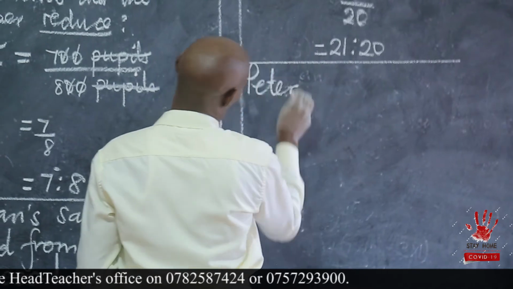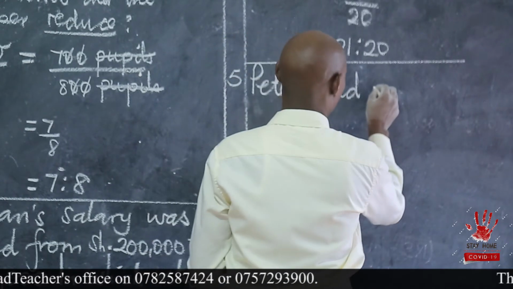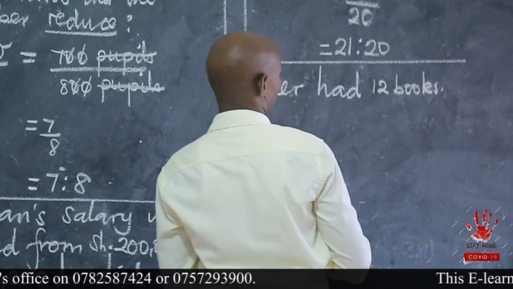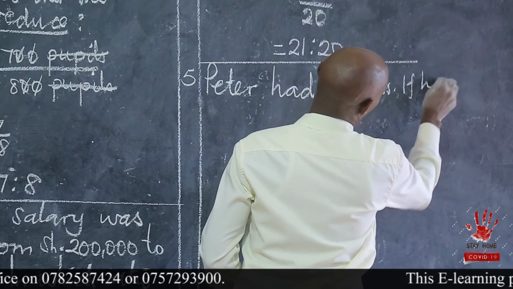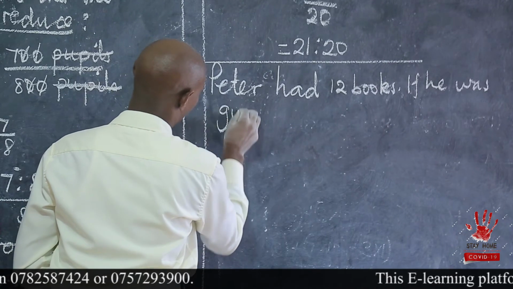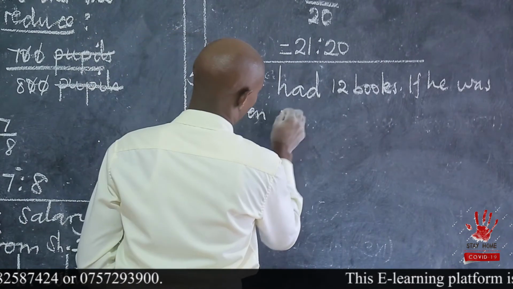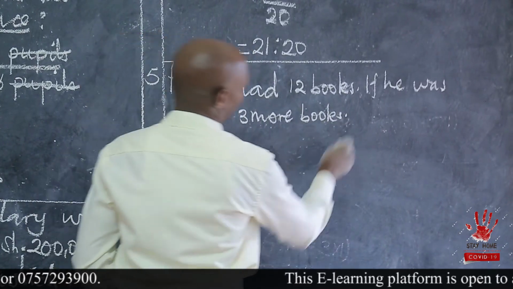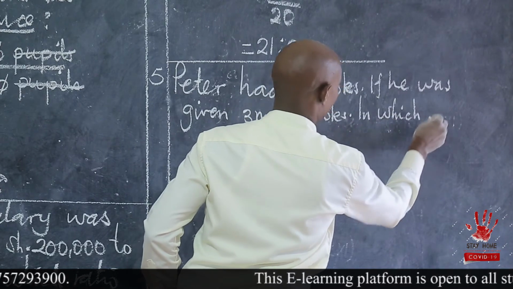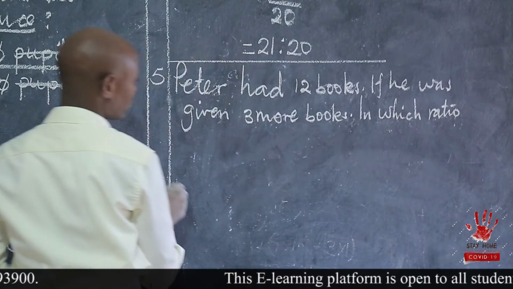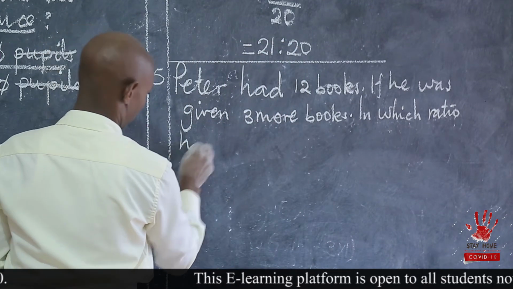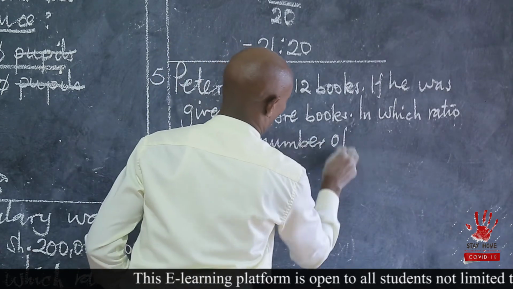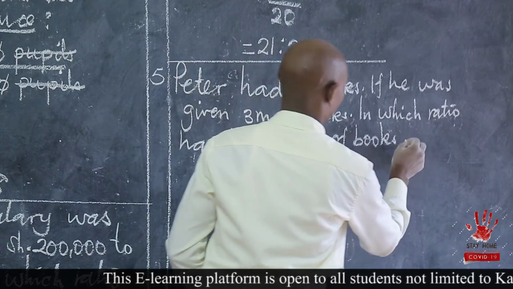Peter had 12 books. If he was given 3 more books, in which ratio has the number of books increased?